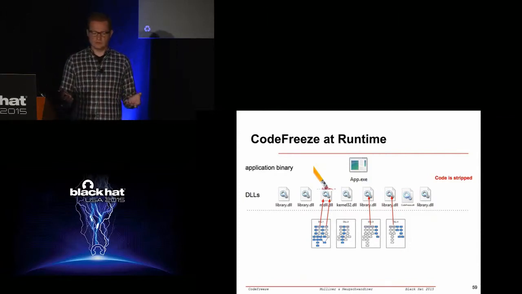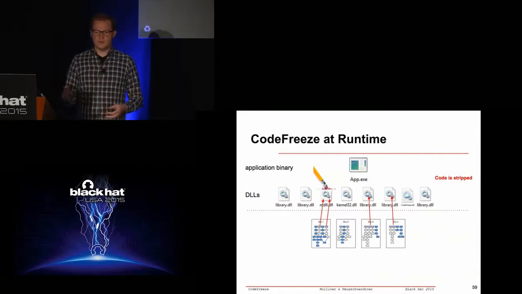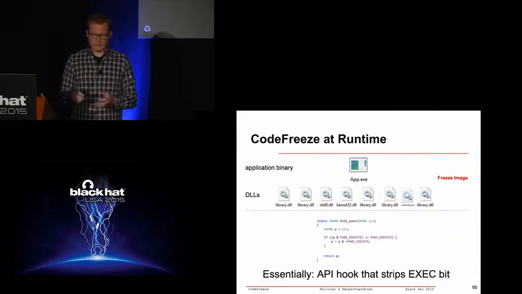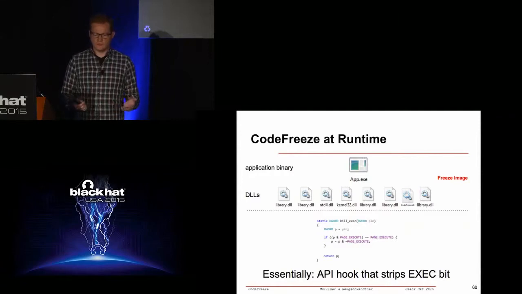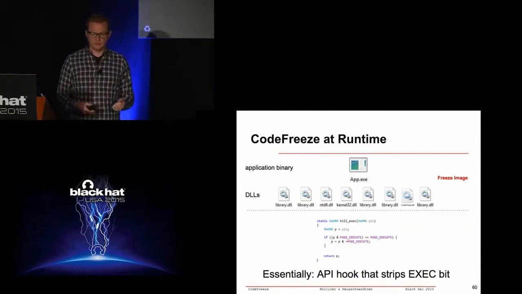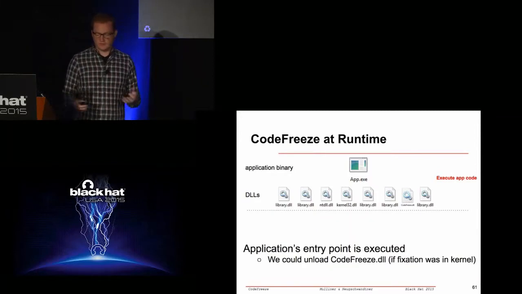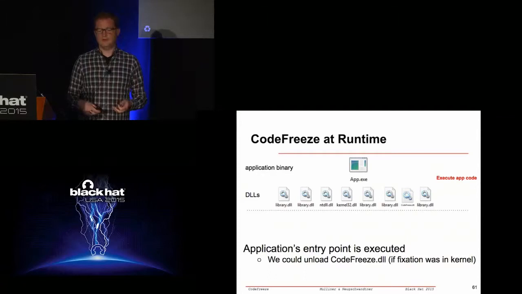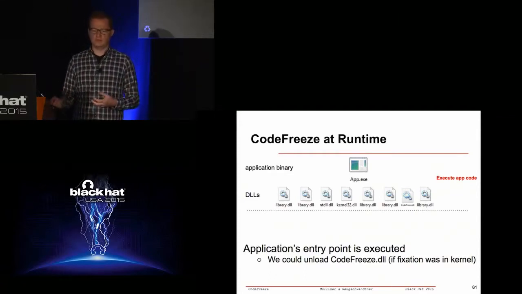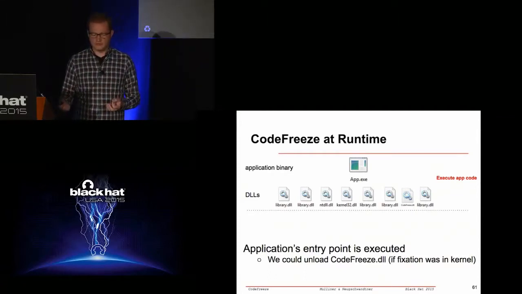We use the control flow graphs to override instructions in memory with halt. Then we place the API hooks that will remove the executable bit from whatever memory allocation or permission API is used, and then we just let the application execute its normal entry point.